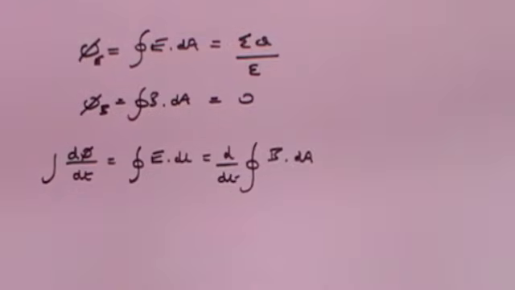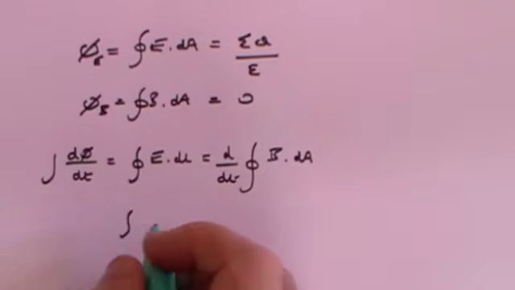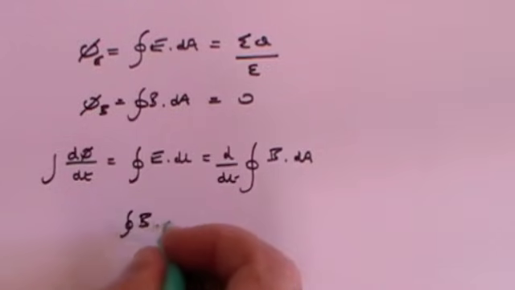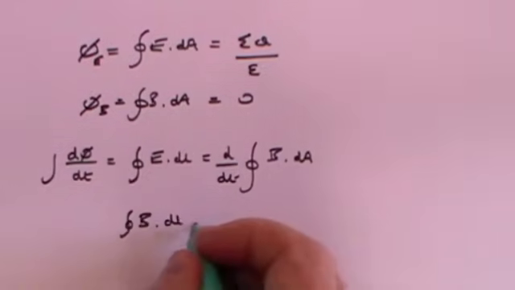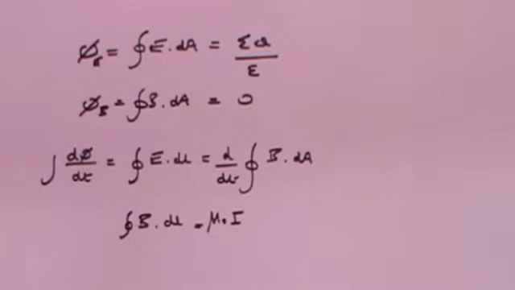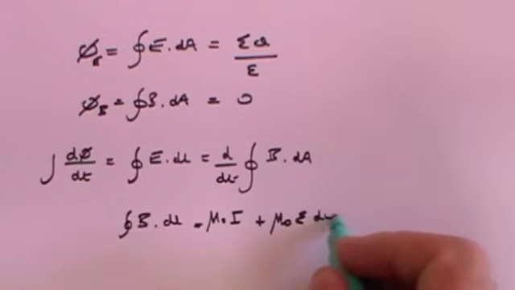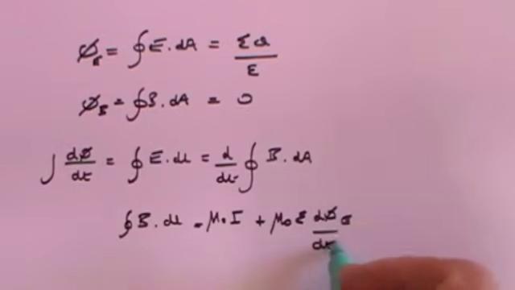And then, as we've just derived, Maxwell's fourth law says that the integral over a closed loop of B dot dl is equal to mu0 times I, which for most times is sufficient, that will work, but where you've got that capacitor problem, you also have to recognise that there will be a displacement current, mu0 epsilon times d phi E by dt.